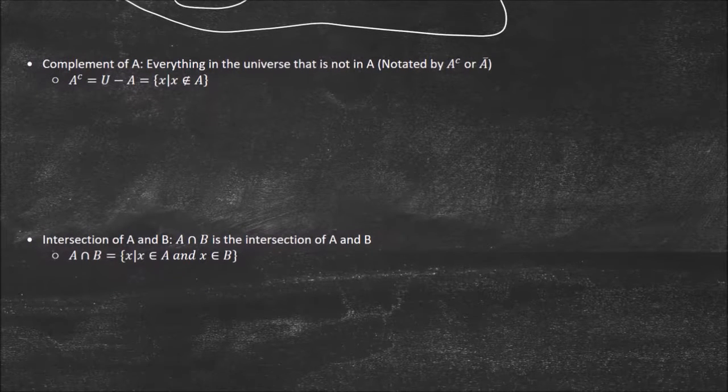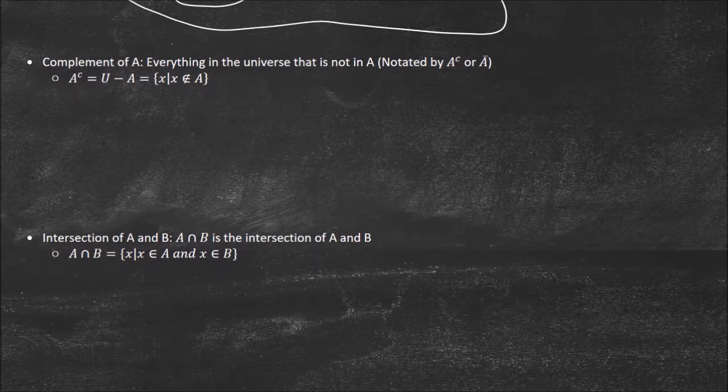Okay, so the complement of A is everything in the universe that is not inside of A. It's notated, and these are important, by A^C or A bar. So I'll write that bigger, A^C or A with a bar on top of it.